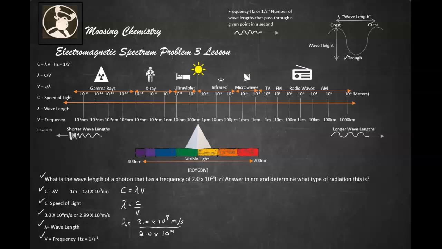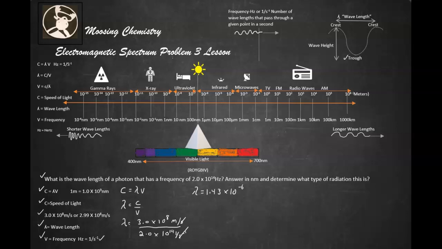Now it's in hertz, so I'm going to write 1 over seconds, or s to the minus 1. So my s to the minus 1 will cancel my s, and our lambda value is going to equal 1.43 times 10 to the negative 6 meters.